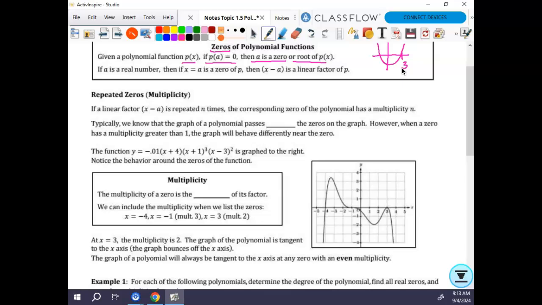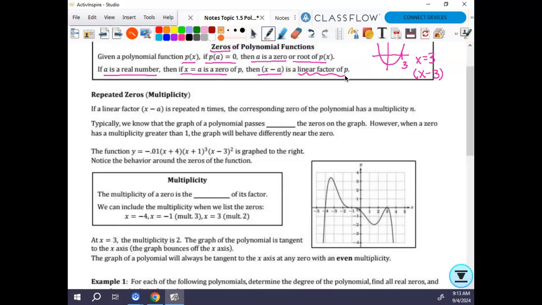If a, so a is my 3, if a is a real number, which are the only ones we can actually graph, then if x equals a is a 0, because here x equals 3 would be a 0, then x minus a, or x minus 3, would be a linear factor of p. And it is a linear factor because x minus 3 is like an equation of a little line, all right?